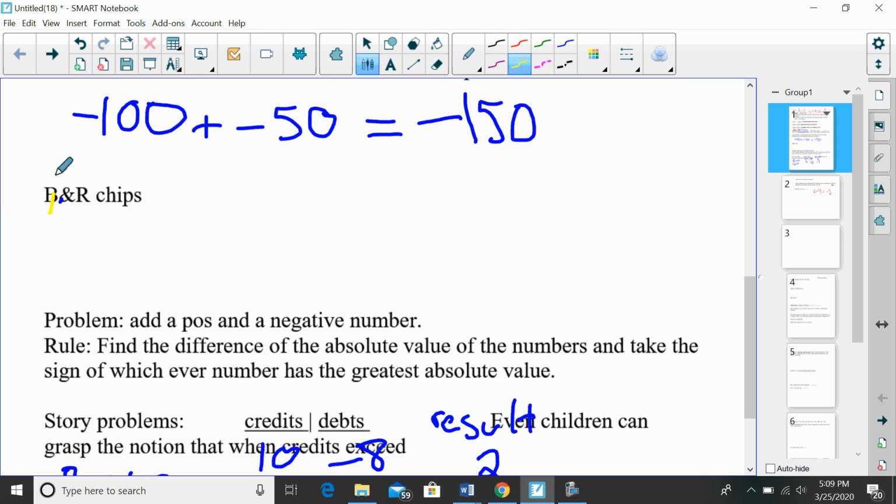They had yellow and red chips. Red is the universal color for debt. If I say this business is in the red, that's not good. So whether we use blue or black for positive or yellow, a red chip signifies debt.